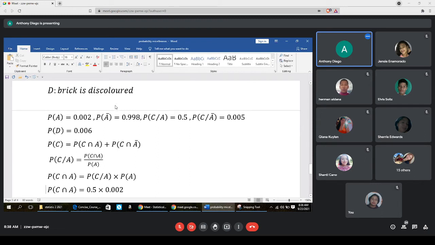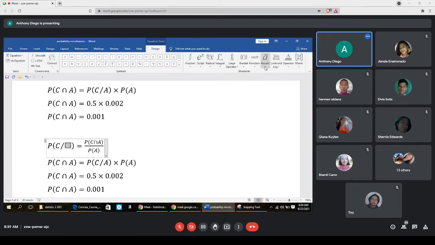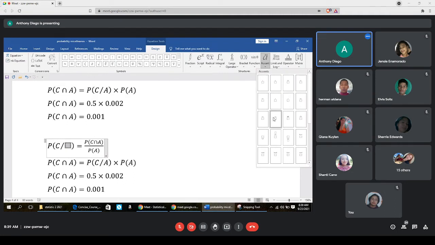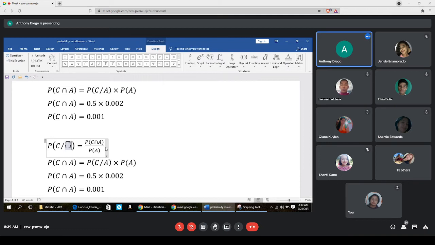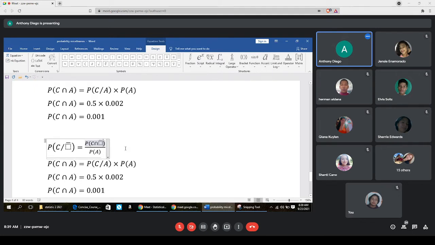So this will be C given A complement. So this would be C intersecting A complement over the probability of A complement.